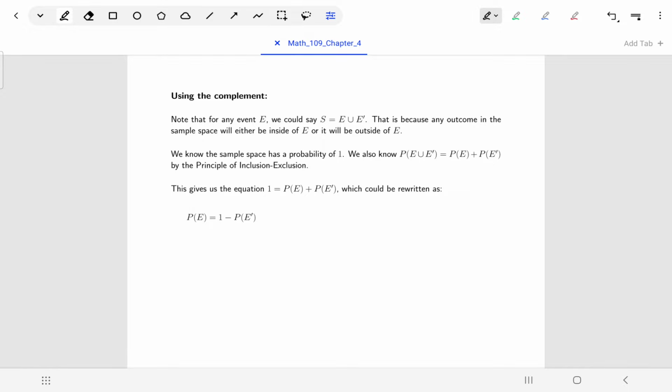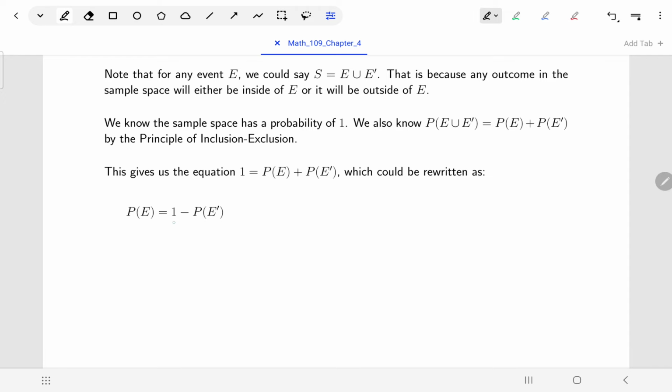This is kind of a similar idea here, except we need to remember that it's not the entire universe that we're subtracting things from. It's the probability for that entire universe. In other words, we take the probability for that entire sample space and we remove the probability of the thing that we don't want to get the probability that we do want.